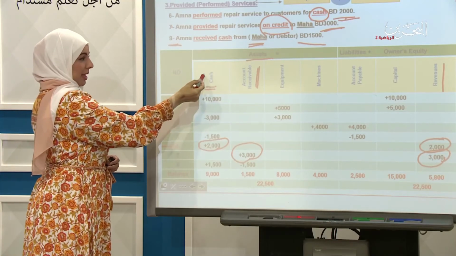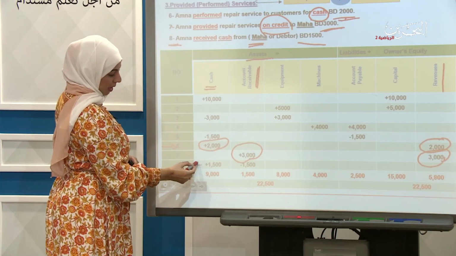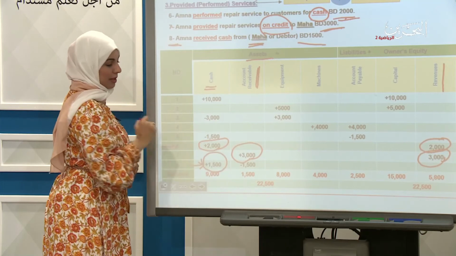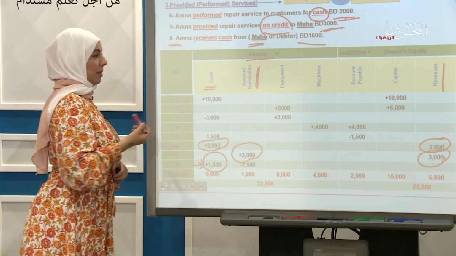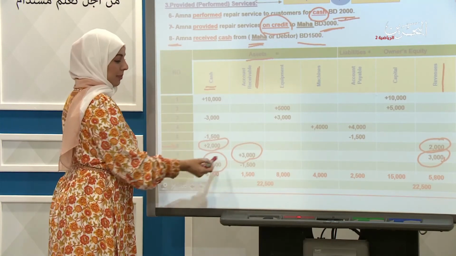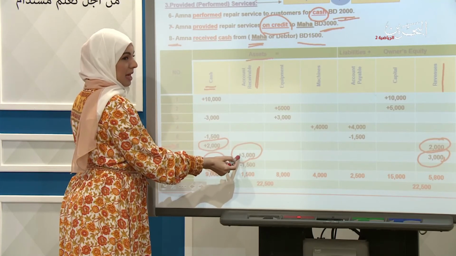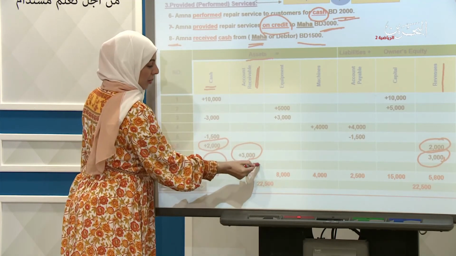So, coming to the cash, it will be increased by the amount I receive, so it will increase by 1,500. The amount that I was waiting to receive, now I actually receive it. So, I will decrease the amount that I was waiting to receive because I received it. I will decrease it by 1,500.